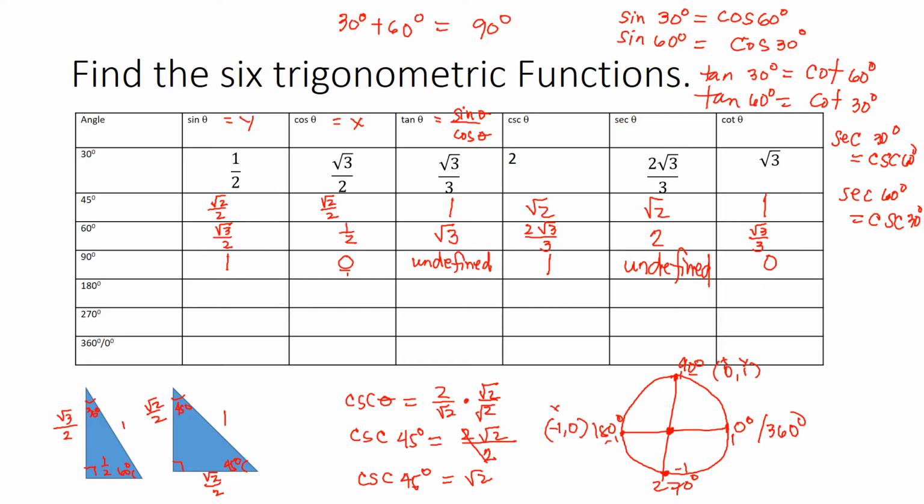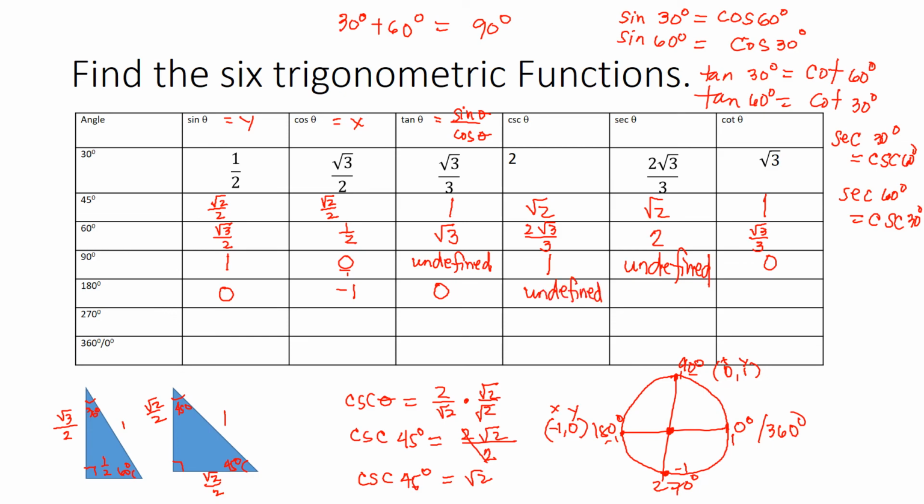So our x is -1, our y is 0. So sine 180 degrees is 0. Cosine 180 degrees is -1. And then the tangent 180 degrees, that's 0 over -1. That is 0. Inverse of the sine, which is 1 over 0, that is undefined.